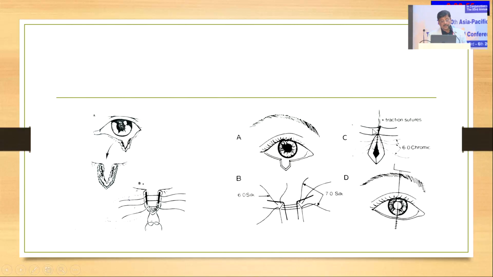First it is apposed and tightened in such a way that there is some eversion of the margin, and then this is repaired in 2 layers, that is inner tarsal layer and then skin layer.